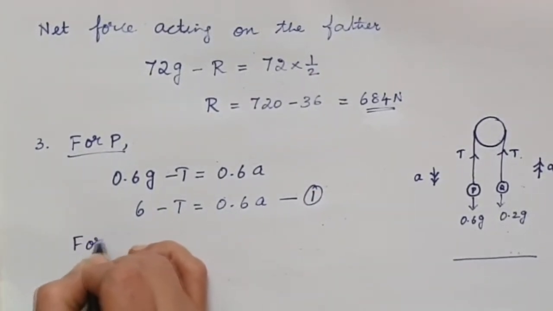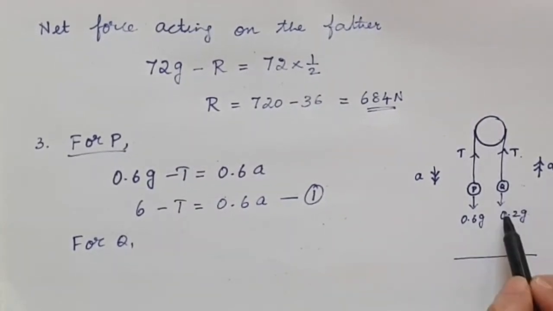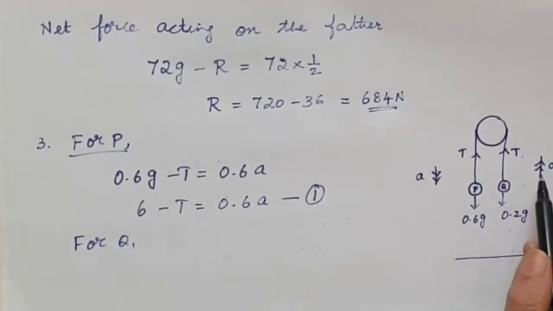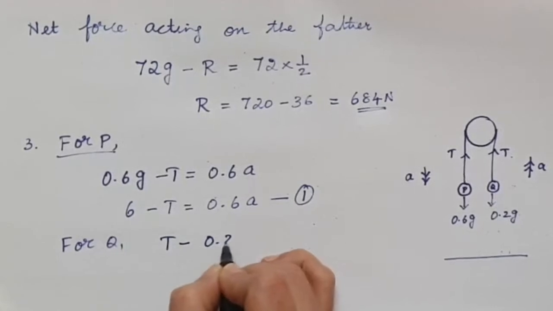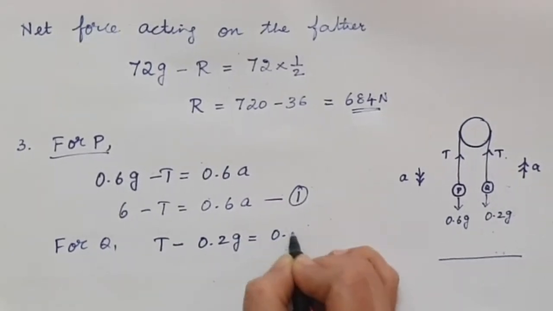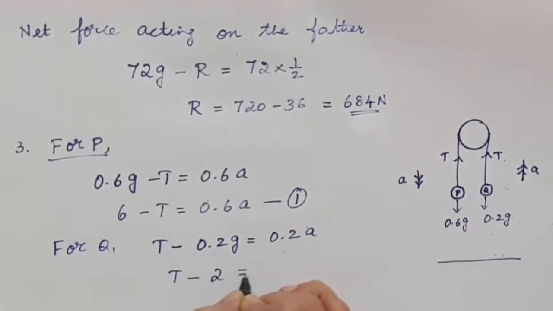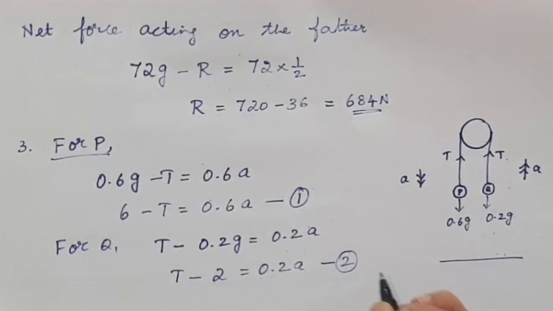In the same way, if we consider all the forces acting on Q, this has a tendency to move up. So upward is the positive direction. So it will be T minus 0.2g equal to 0.2a. So it will be T minus 2 equal to 0.2a. This is our second equation.